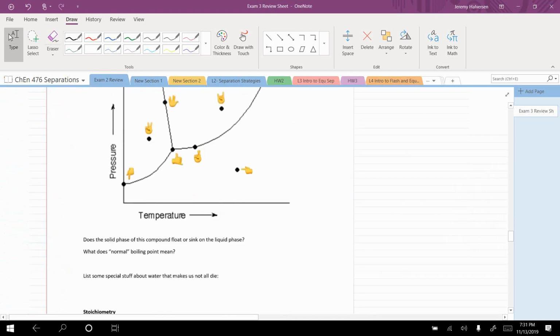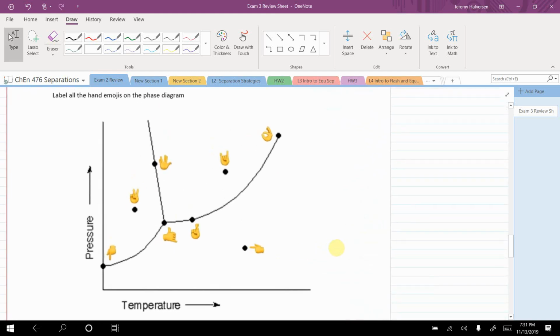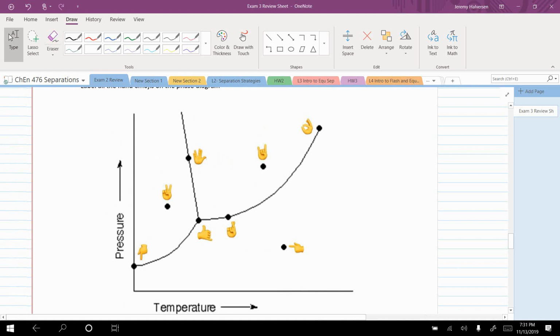So let's just label these hand emojis. Okay, what's the peace sign? Oh, what do you say? Okay, don't turn red. Don't turn red. You're probably just reflecting CJ's sweater, that's all. Okay. All right, so what's the peace sign? And the rock on, and the point, gas, and the point down. Yeah, that's kind of what it's talking about, I guess. That's sublimation or deposition.